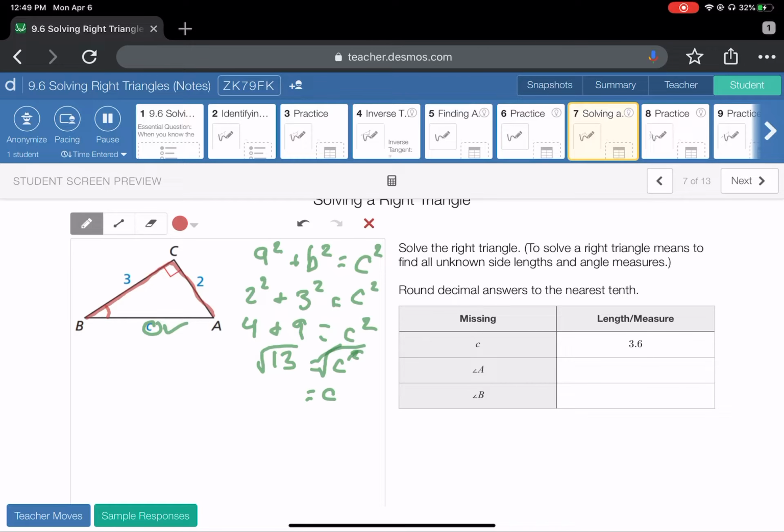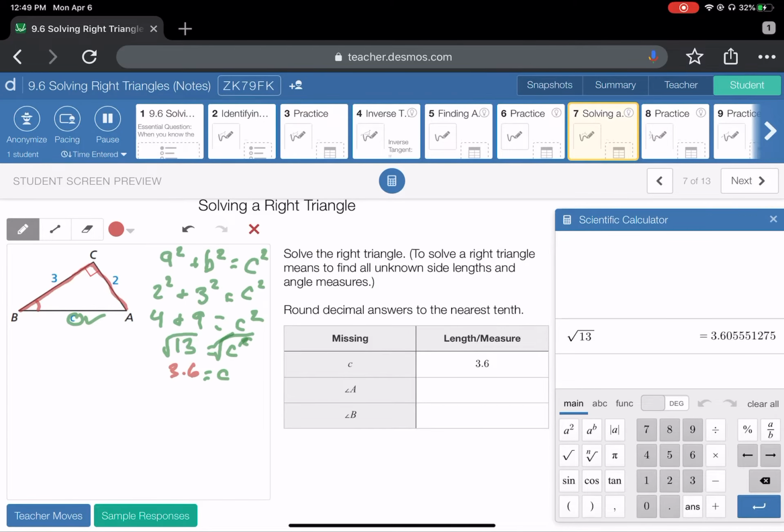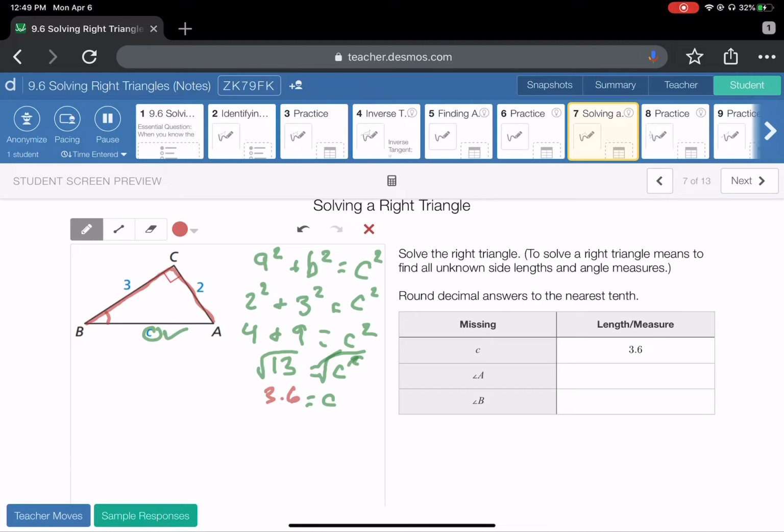Now I want to make sure that I use those two values, the ones that are given to me, just because C is approximately 3.6, right? It's 3.6055125 and so on, but we don't want to use that value if it's rounded, because then we're going to get a wrong answer. So I'm going to go ahead and use 2 and 3.